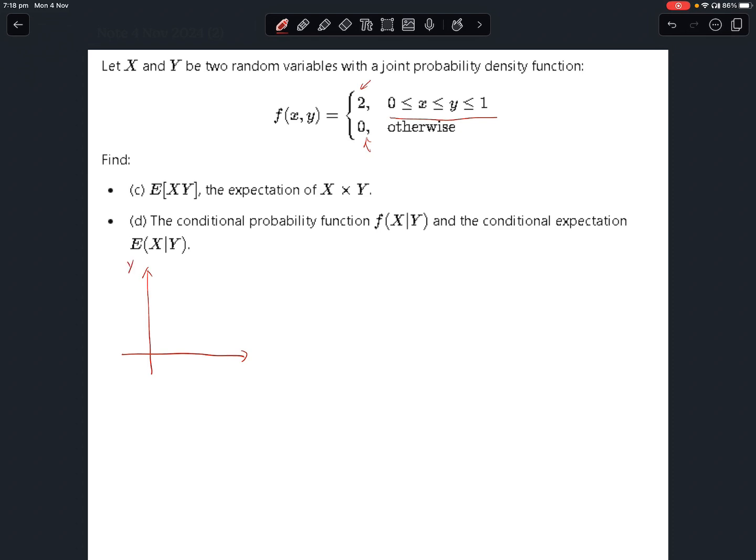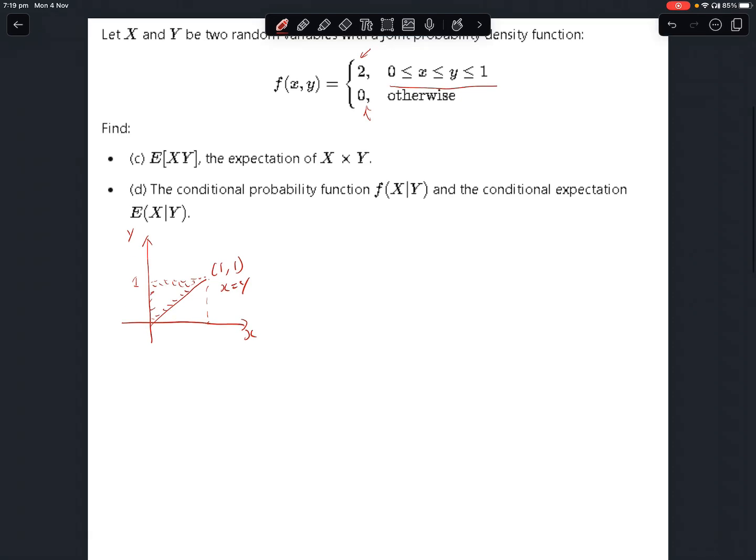This is the y-axis, this is the x-axis, and y is less than or equal to 1, so the maximum value is 1, because here x is equal to y. So we want to find the area here, this area. Okay, now it's clear. We want to find this area.